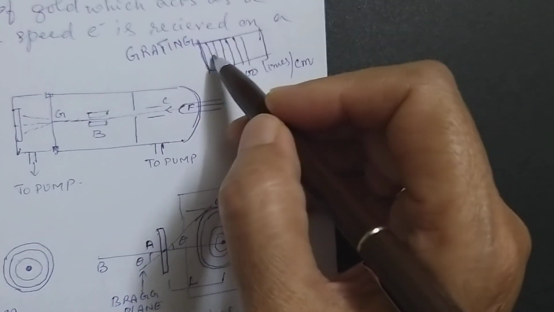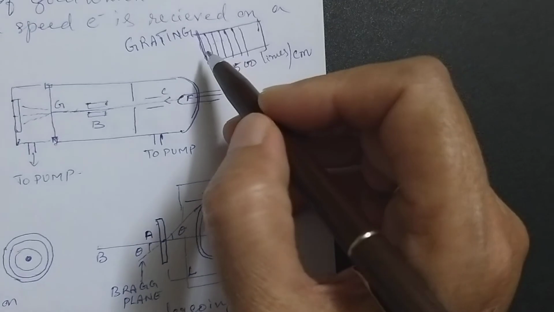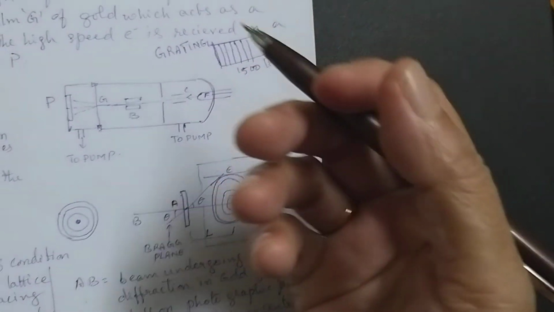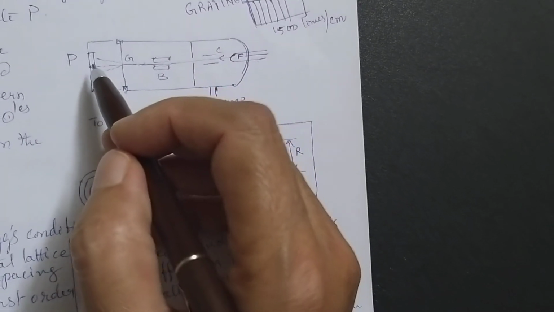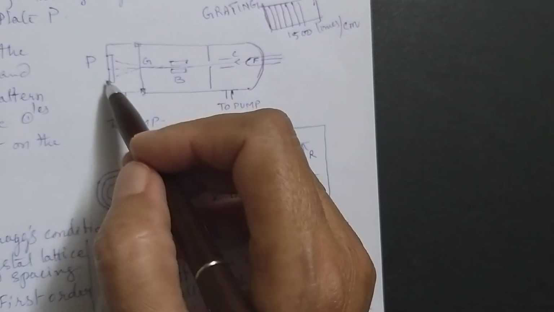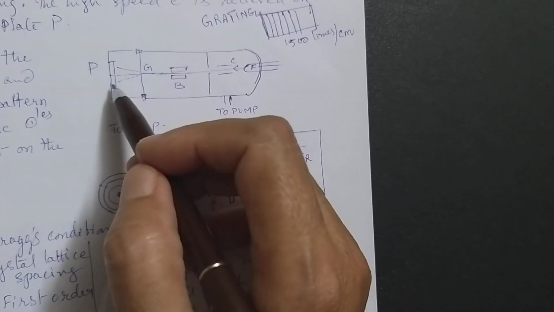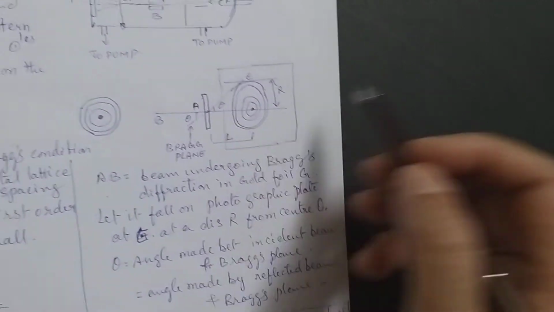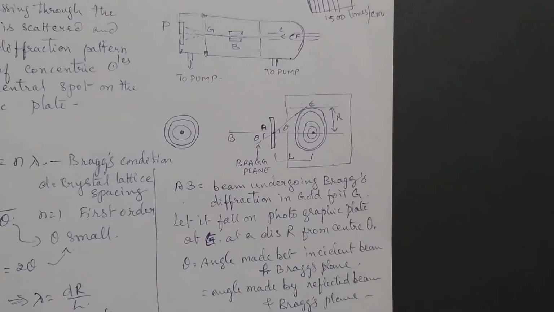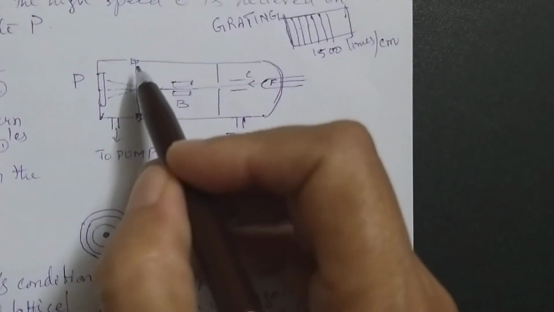So these are all windows, so many windows open, and from each window there will be light coming out. So many rays come out and fall on the photographic plate, and then they produce this diffraction effect. Now there it was a nickel crystal, here it is gold foil.